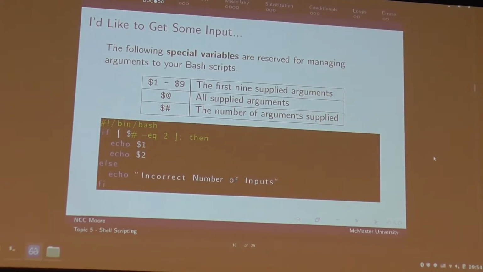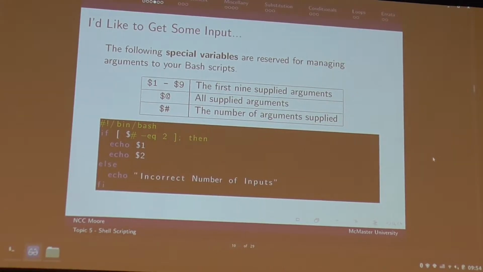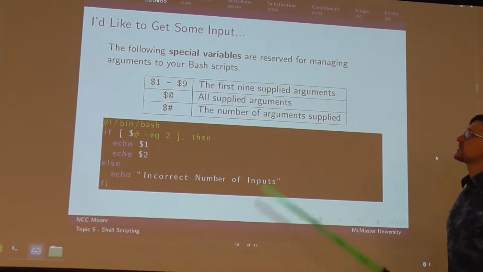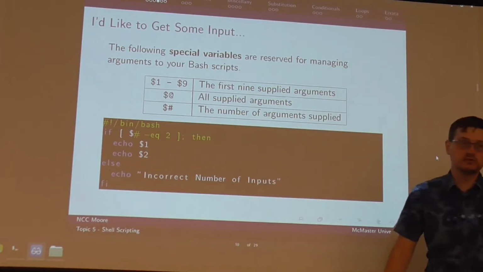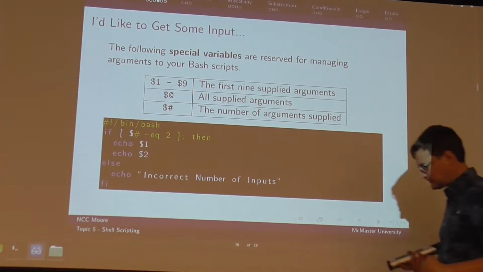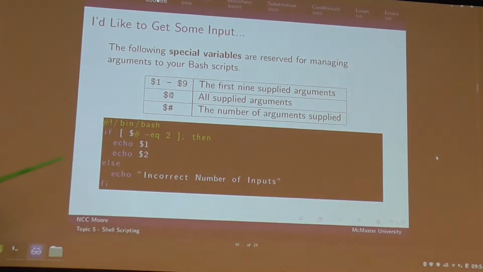So, the following special variables are reserved for managing the arguments to your bash script. We know that programs may accept arguments. Bash scripts themselves may also accept arguments. So you might be asking yourself, with respect to this example that I was giving you, where we want to perform a series of commands over some particular file name.